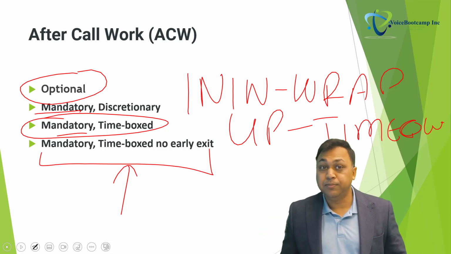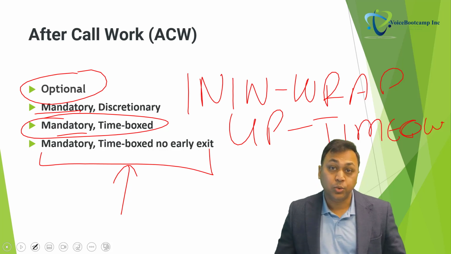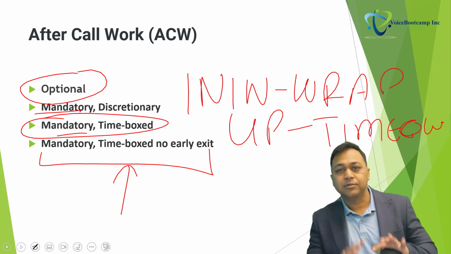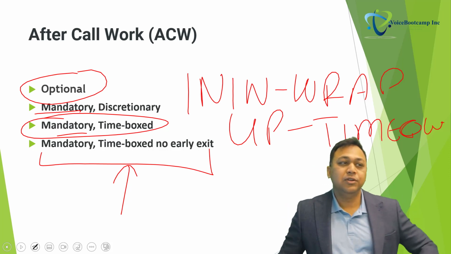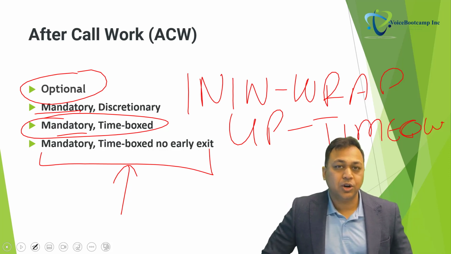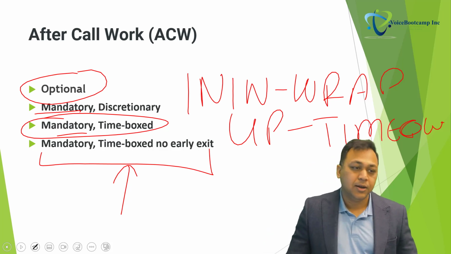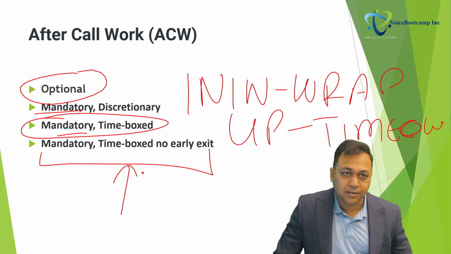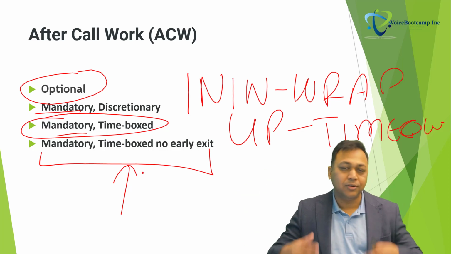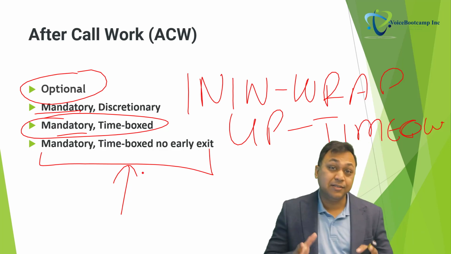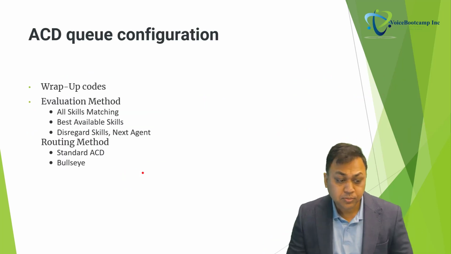Sometimes the agent could become quite overwhelmed with a lot of calls, so you want to give them a little bit of room to say, okay, just relax. Even if you have finished your previous call and closed it, we're still going to give you 10 to 15 seconds to take a breath, maybe fix your makeup or hair or whatever you want to do, right? So this could be useful for that scenario.